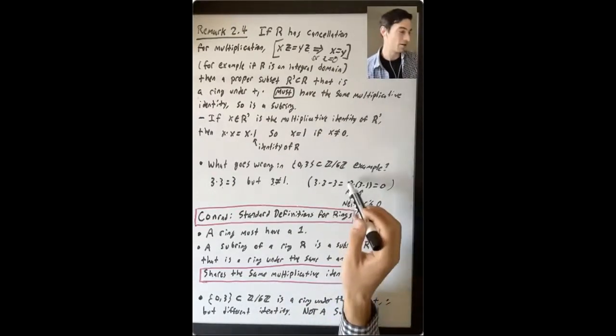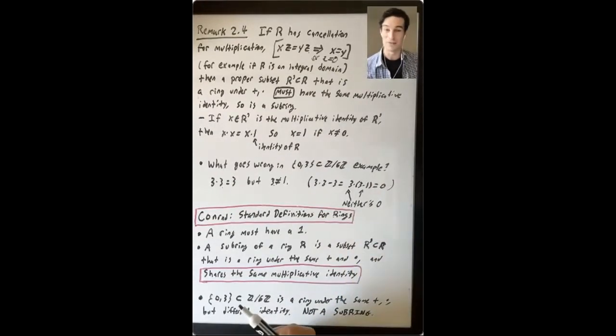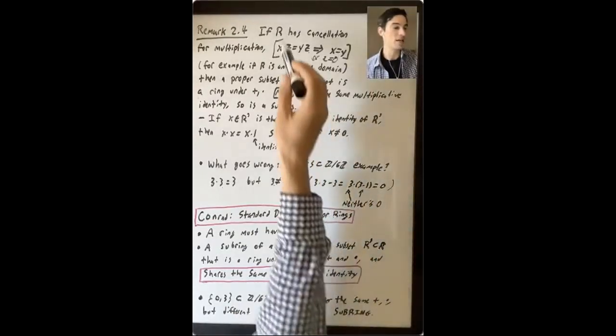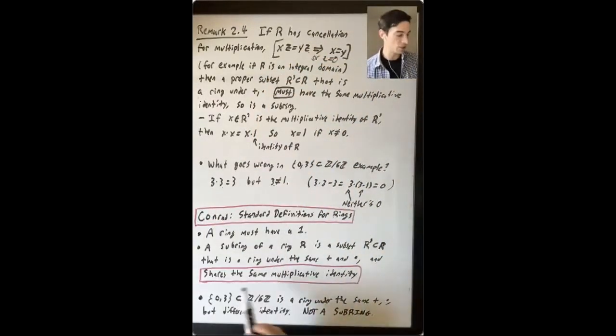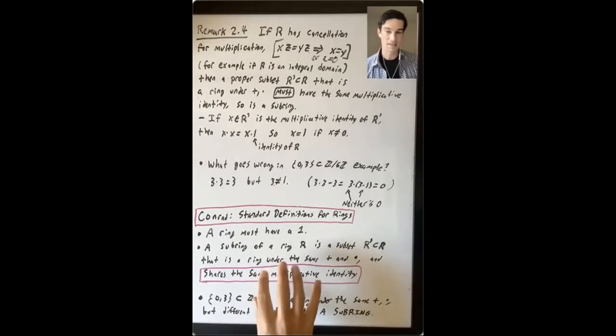There are a bunch of 0 divisors, and 3 and 2 are two of them. But in a ring that has this cancellation for multiplication, this isn't adding any extra assumptions. Okay, so now I'll pause and erase, and I'll talk about a consequence of this definition for units in subrings.